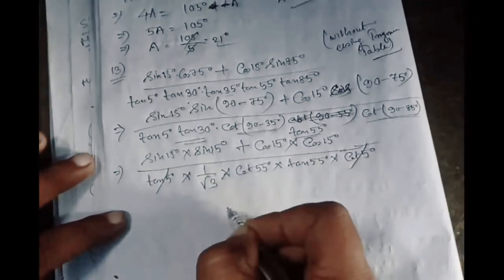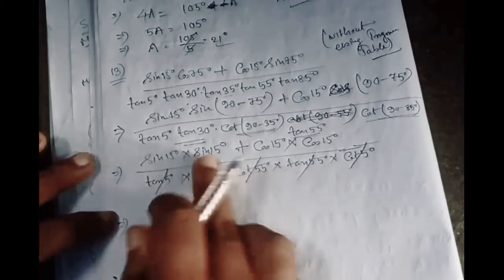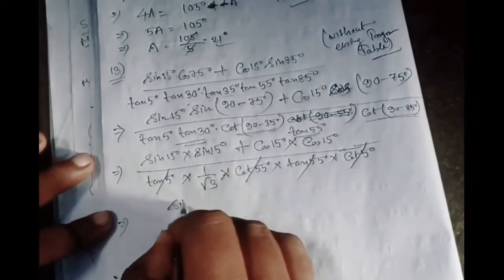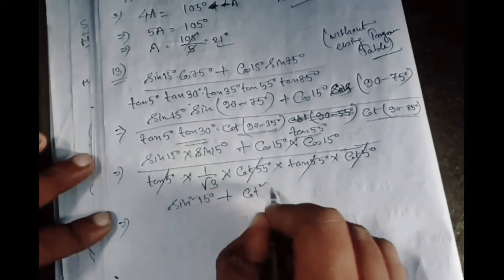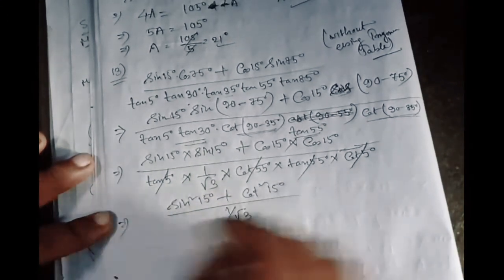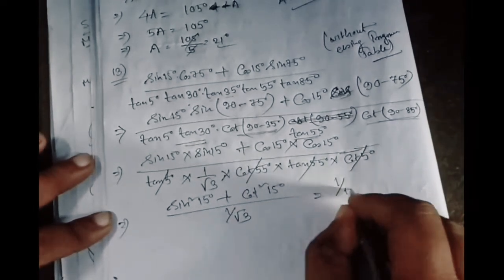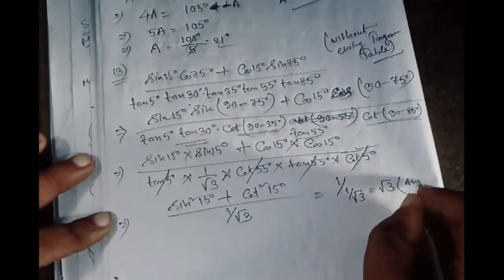Tan and cot cancel, and in the upper half we get sin square 15 degree plus cos square 15 degree, divided by 1 by root 3, that is root 3 is the answer. Next, move to another question.